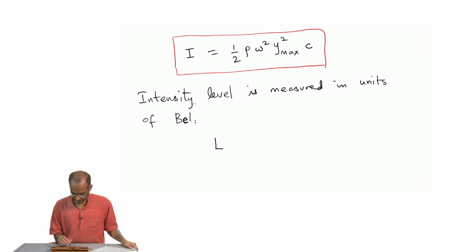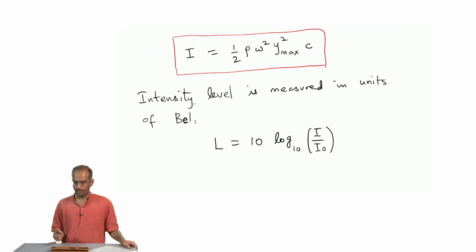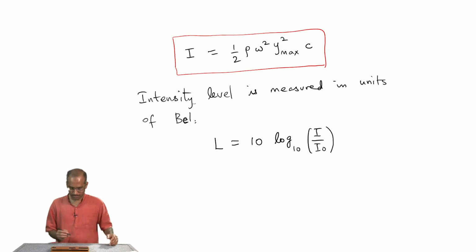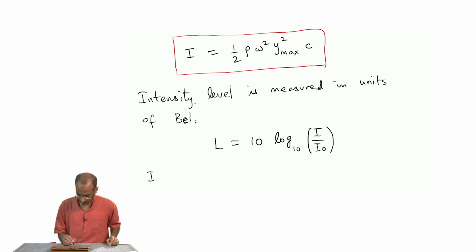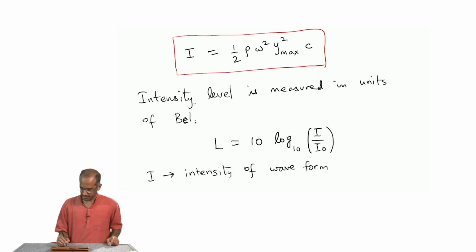Let me call it L, that would be 10 multiplied by log of I by I 0. So, I is the intensity of our waveform and I 0 is some reference intensity.